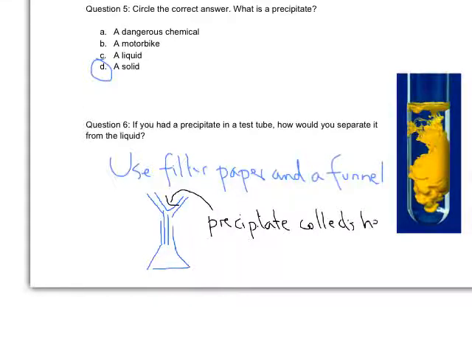Now we have a word for the liquid that goes through, and the liquid that goes through we call the filtrate. So the filtrate is the stuff that the filter paper doesn't block. Okay, that's the foundation test done.